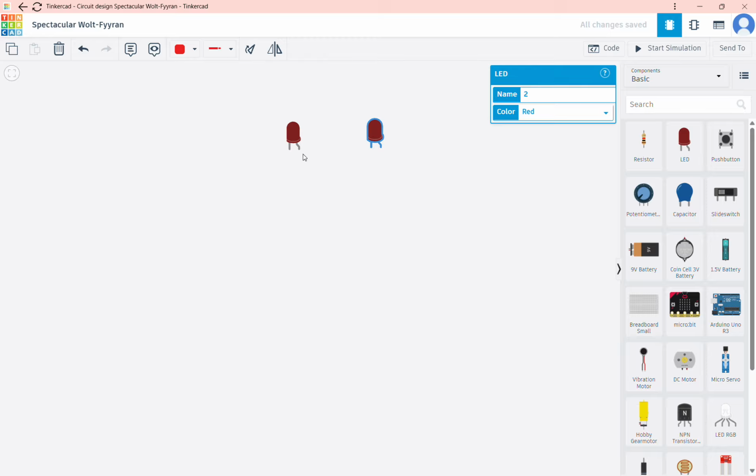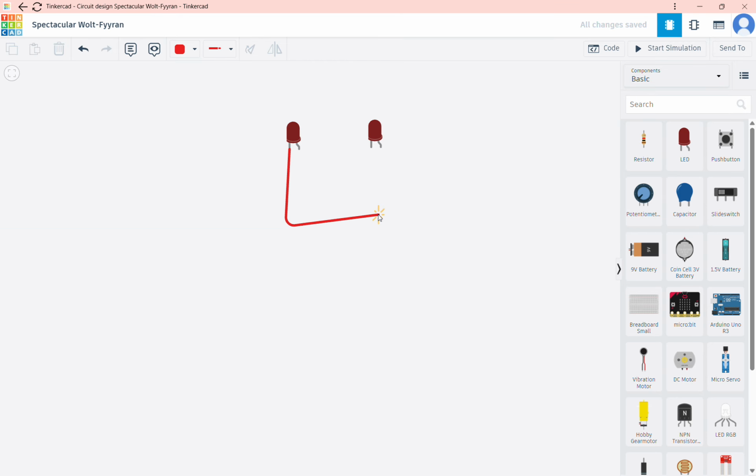For example, this, the LED, the anode means positive and the cathode means negative. So if we should connect this cathode, which is negative, to the cathode of the next LED, then we change to black.